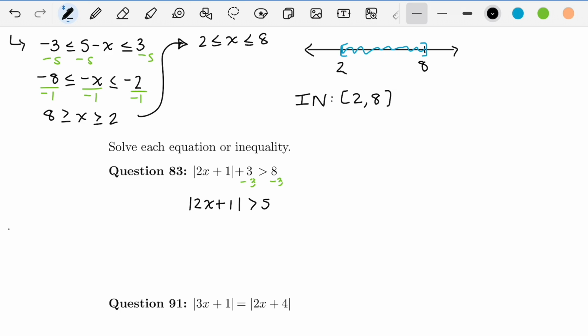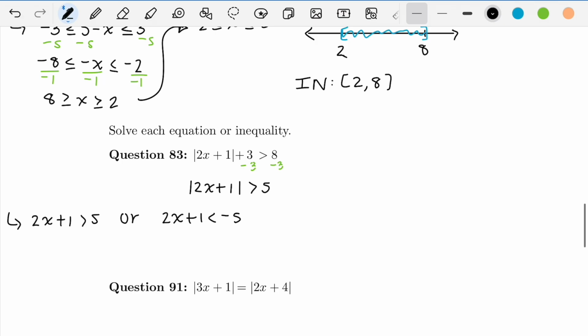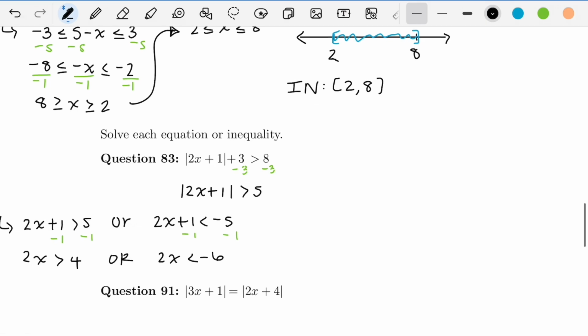So we're going to end up with 2x plus 1 is greater than 5, or 2x plus 1 is less than negative 5. So what we can do here is just subtract 1 on both sides of our inequalities for both of these. We'll end up with 2x is going to be greater than 4 on this one, or 2x is going to be less than negative 6 for this guy.